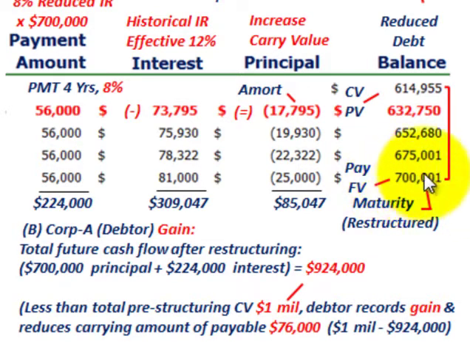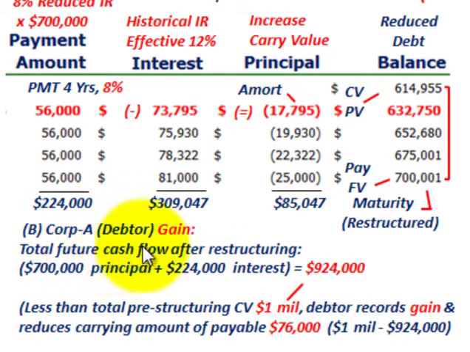That's what Corporation A is going to pay, and Bank B is going to get the $700,000 principal amount. The other thing that's going to be paid by Corporation A and received by Bank B are those 4 interest payments of $56,000 each, for $224,000.